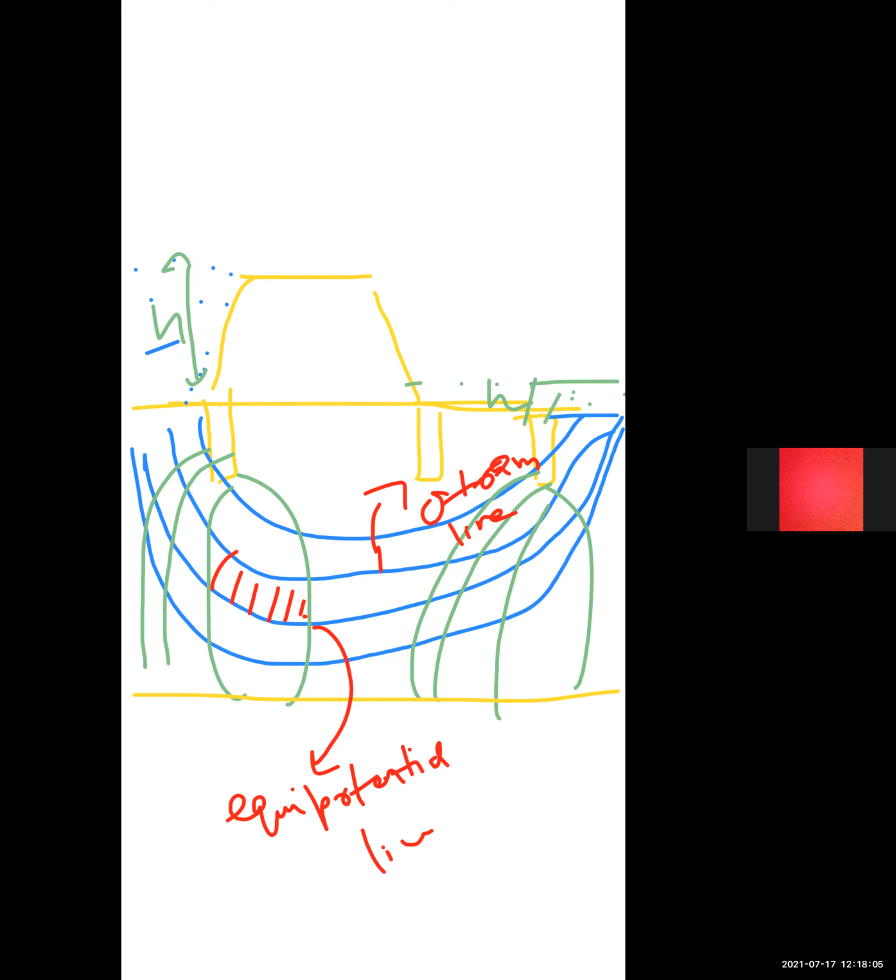The seepage water exerts a force at each point in the direction of flow, tangential to the streamline. This force has an upward component from the point where the streamline turns upward, and for the soil grain to remain stable, the upward component of this force must be counterbalanced by the submerged weight of the soil grain.